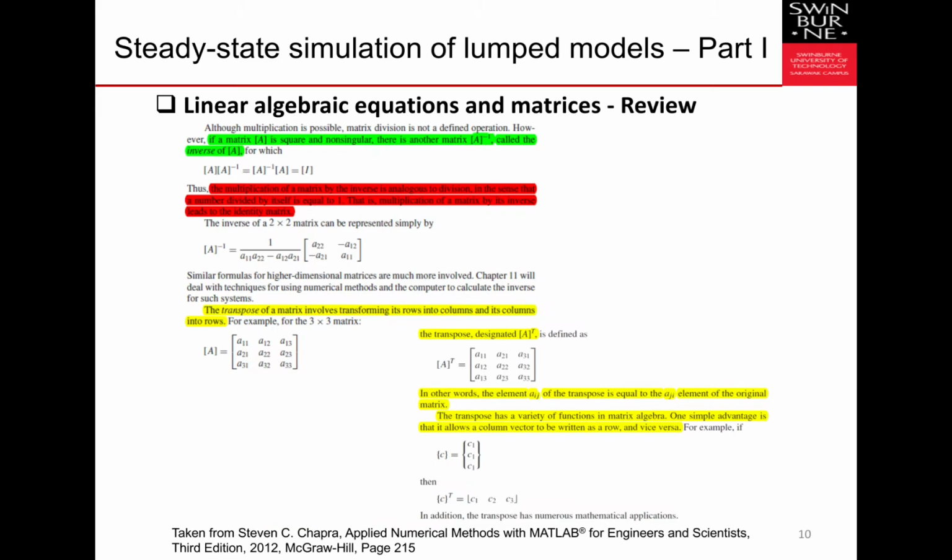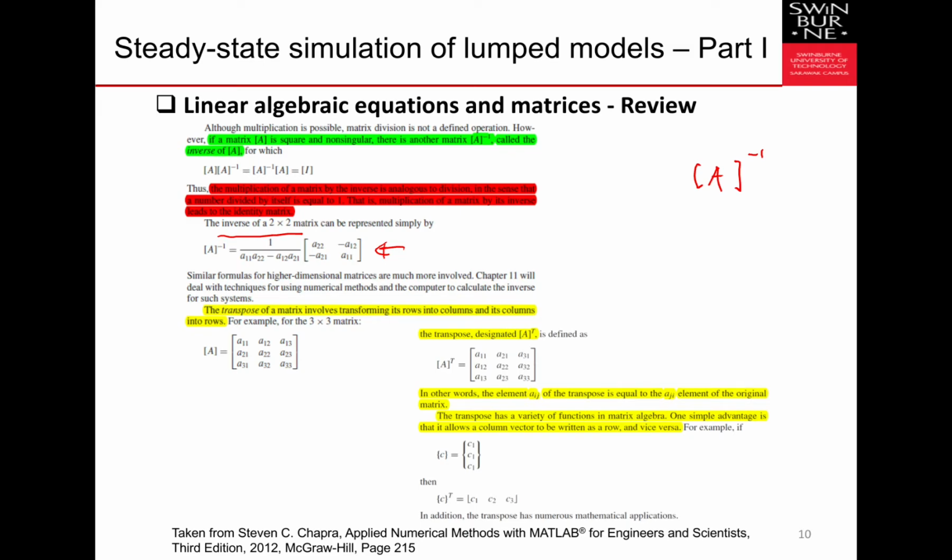After multiplication, we have another definition: when you put -1 on A, that is called the inverse of A. If you multiply A by its inverse, or the inverse of A by A, you will get an identity matrix. The inverse of a 2 by 2 matrix can be represented simply by this expression. The formula for higher dimensional matrices will be more complicated.